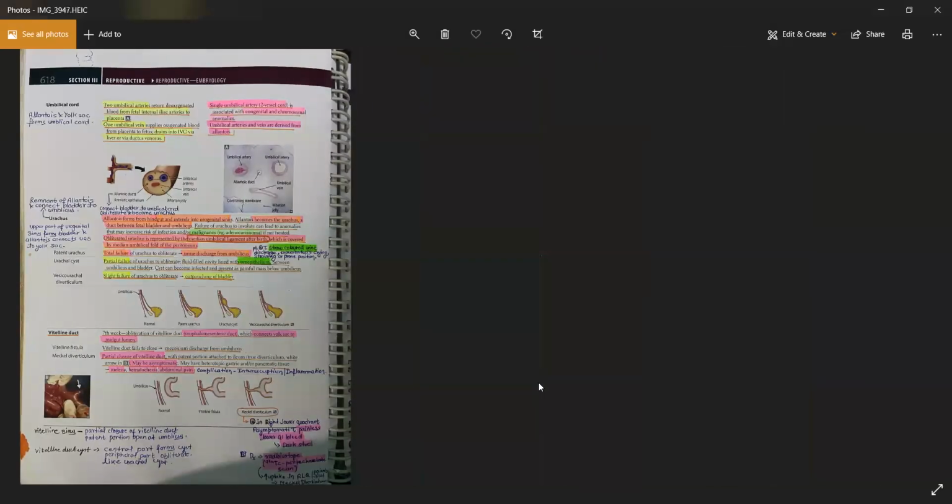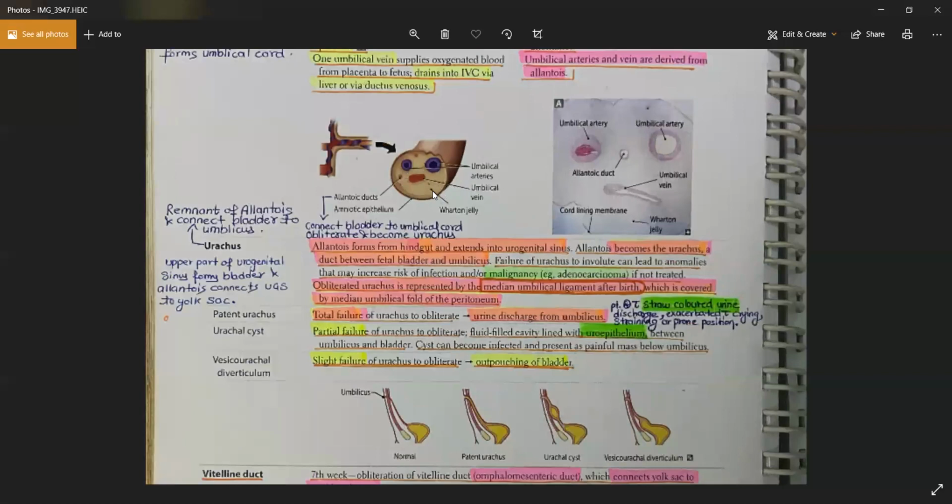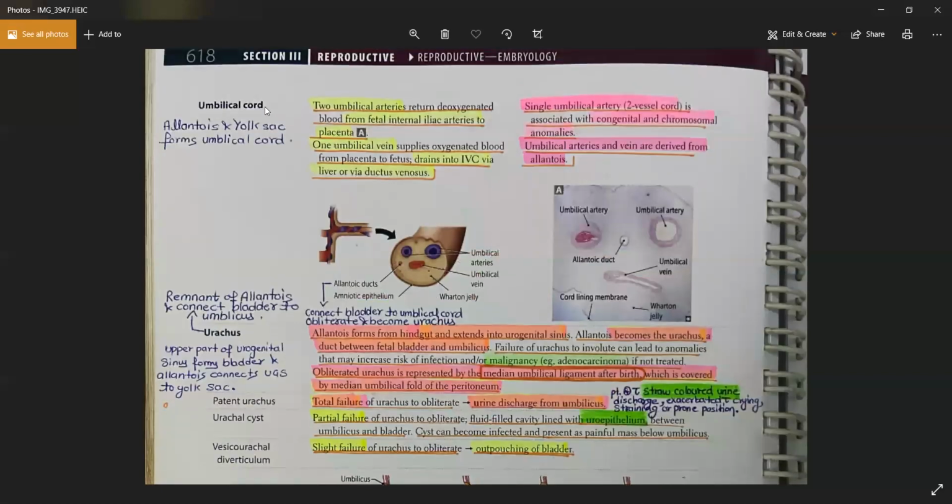Now let's discuss in detail the umbilical cord, the yolk sac, the omphalomesenteric duct and other things. I already told you the umbilical cord consists of two umbilical arteries and one umbilical vein. The umbilical artery carries deoxygenated blood to the placenta, and these are branches of the fetal internal iliac artery.